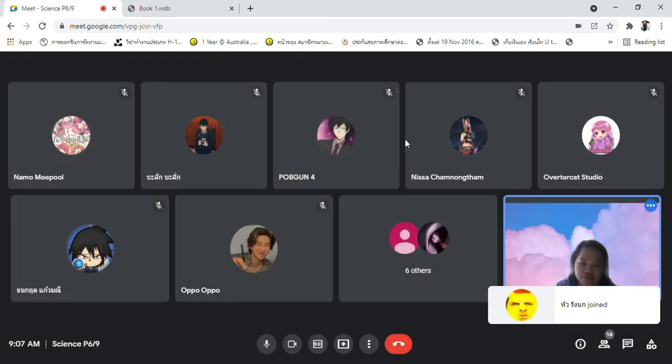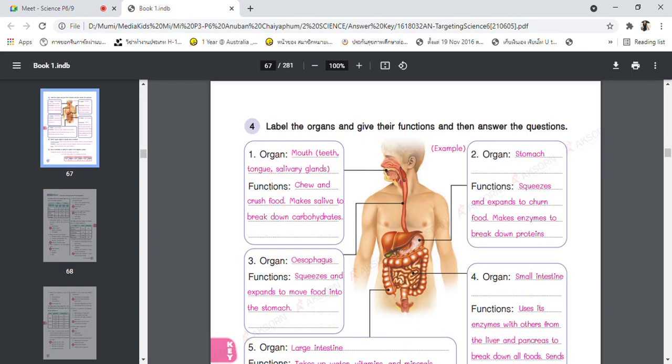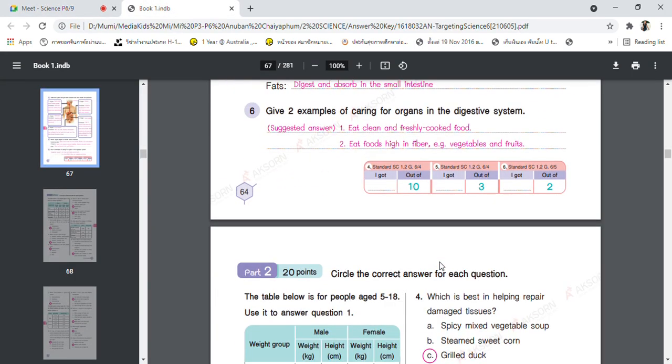Okay, page 64. I will review it for you, and then today you have to do the test: circle the answer for each question. It's the test after you study lesson 2.